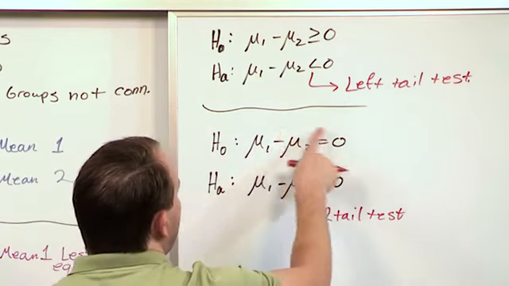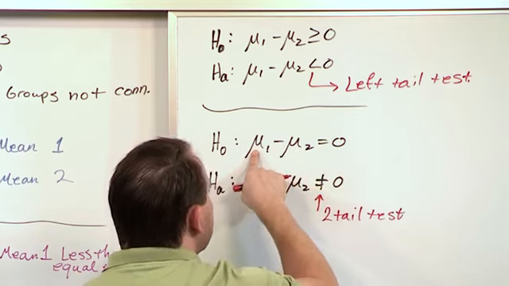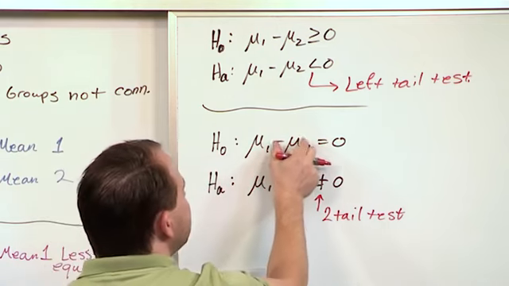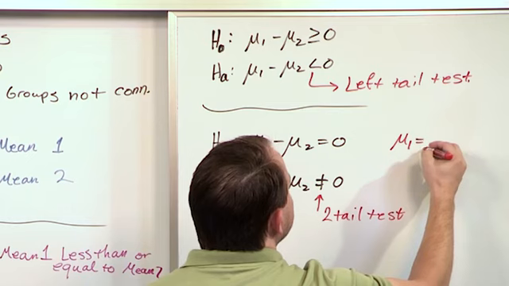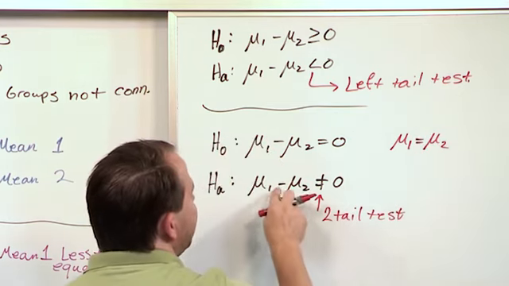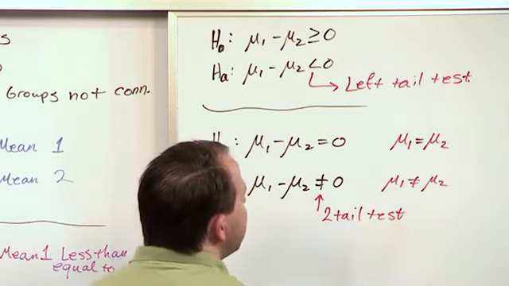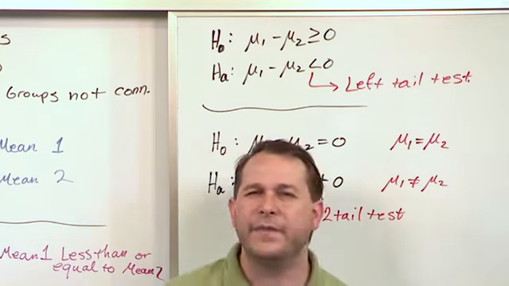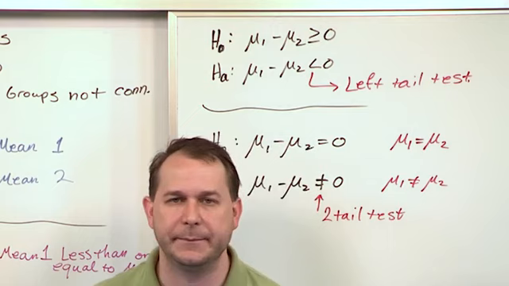Now, the way you would read this in English is the mean of population 1 minus the mean of population 2 is 0. So if you mentally move this over to the other side, what it's saying is mu1 is equal to mu2. And what this is saying when you move it over is mu1 is not equal to mu2. I don't know about you, but looking at this is a lot easier for me to understand because I can think about two groups of people or two factories making pizzas.